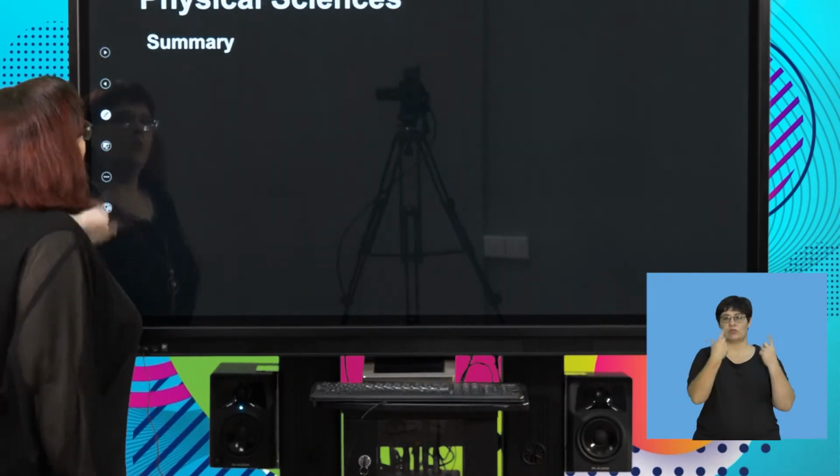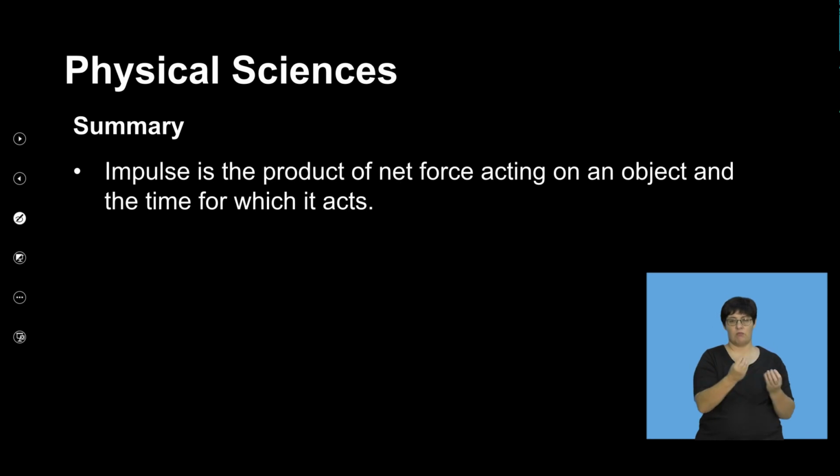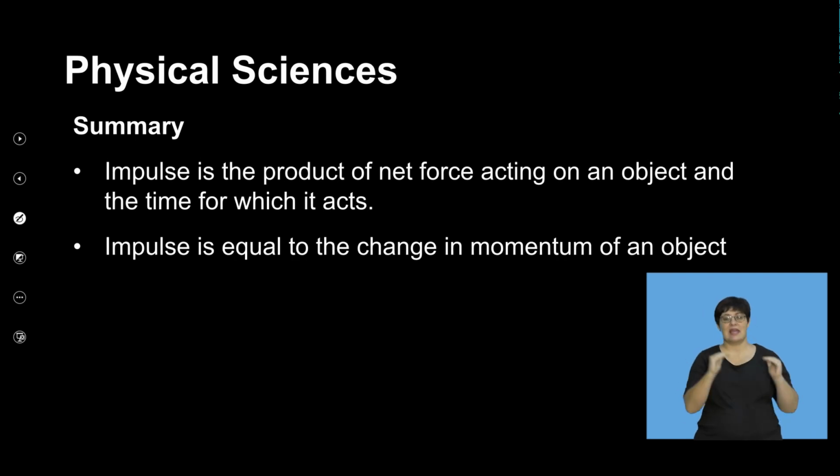So what have we done? Impulse is the product of net force acting on an object and the time for which it acts. Impulse is equal to the change in momentum of an object. This first one is your definition. This is the impulse momentum theorem.